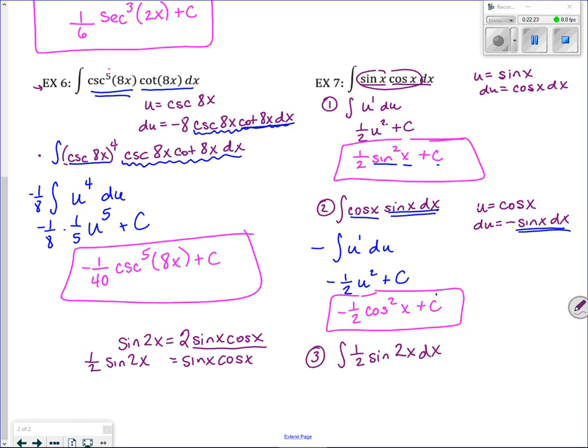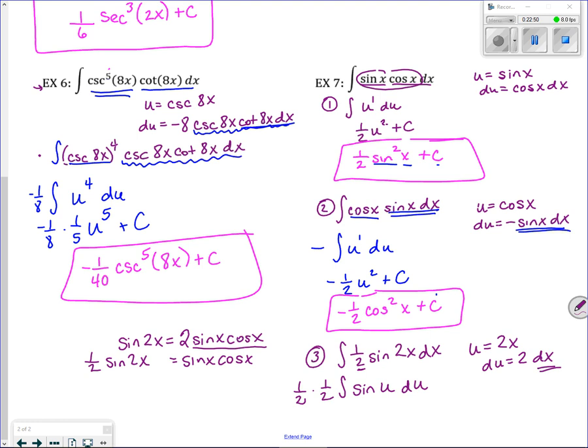And if I did that, my u would be 2x, du would be 2 dx. So what would I be integrating? I'll go ahead and pull this 1/2 out just to get him out of the way. I'd have the sine of u, and then when I solved for this dx, I would have another 1/2, so I would have that out there.